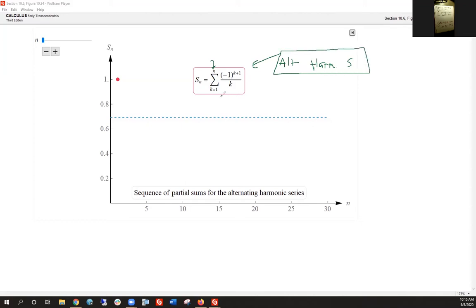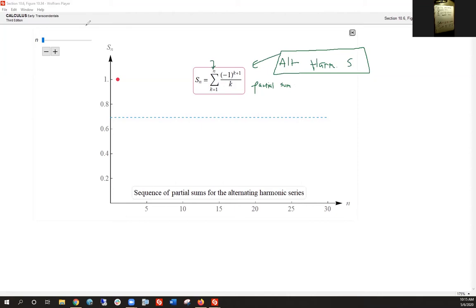This is Sn, which is a partial sum. Exactly. As we let n go to infinity, this will approach the full alternating harmonic series. But what we have here is actually just a partial sum of that alternating harmonic series.